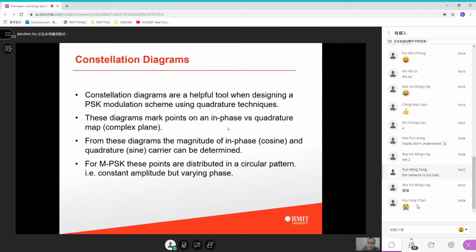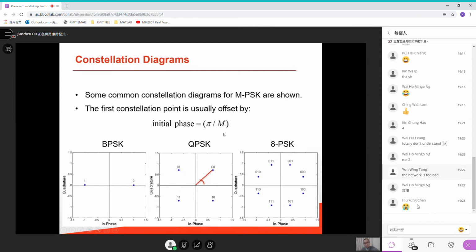For MPSK, the points are distributed in a circular pattern. It looks quite complicated in description, but let's look at the graph. It's better, isn't it? So this is the graph.